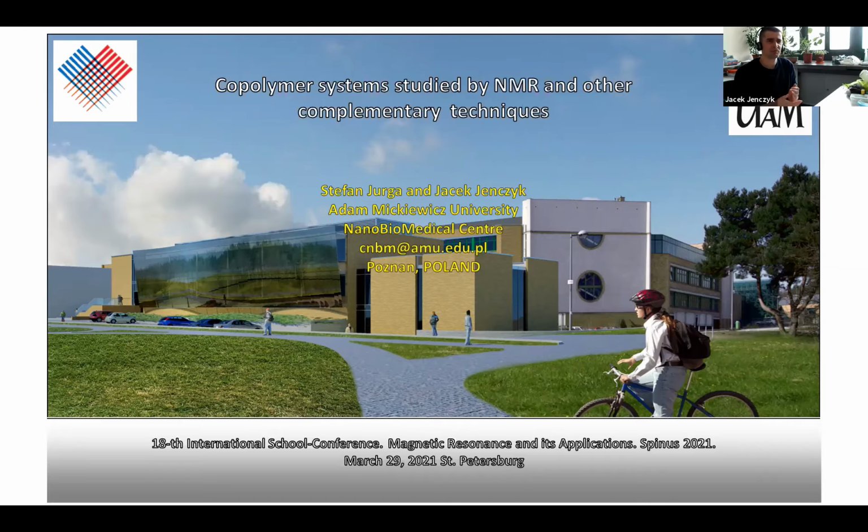And the topic remains the same: copolymer systems studied by NMR and other complementary techniques. As you can see here, this building in the picture is our nanobiomedical center in Poznań, and we have quite a nice facility there, including an NMR laboratory.